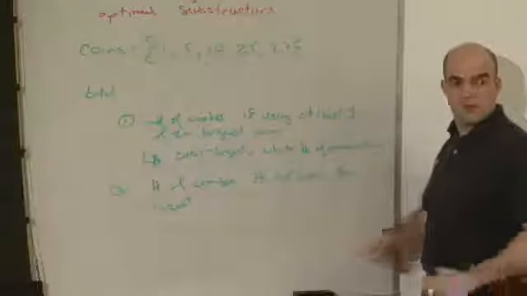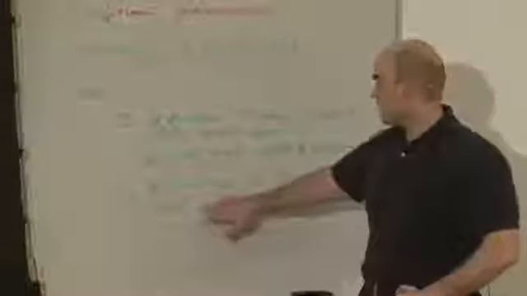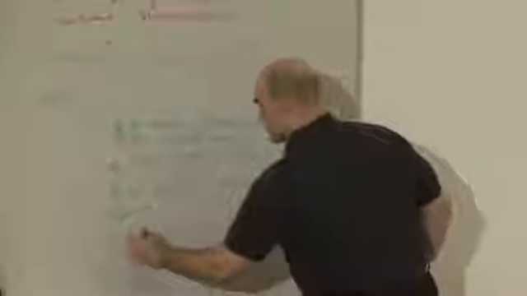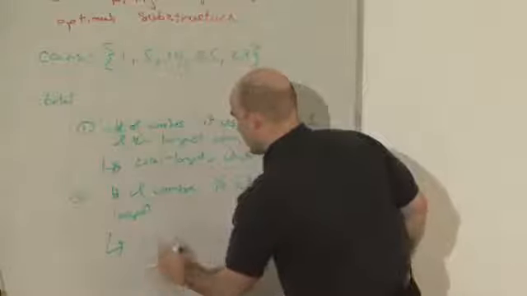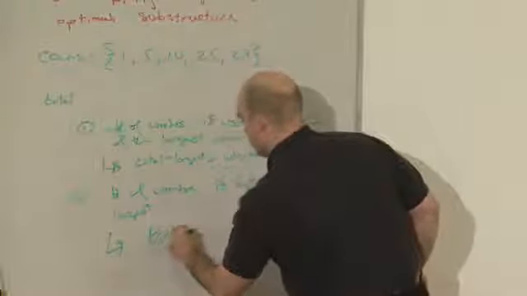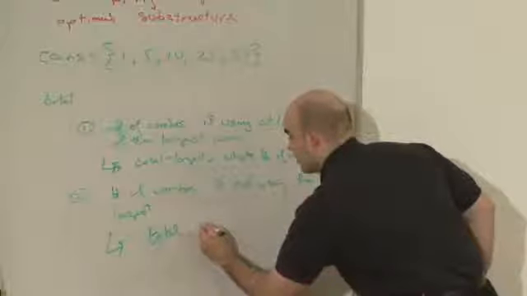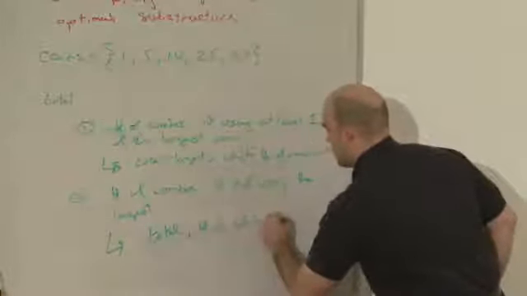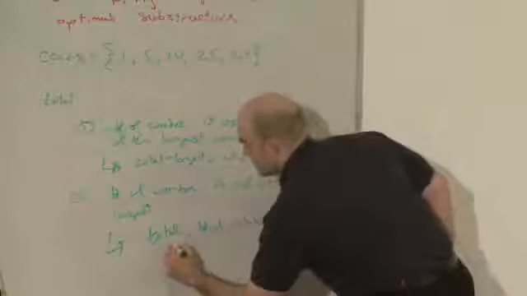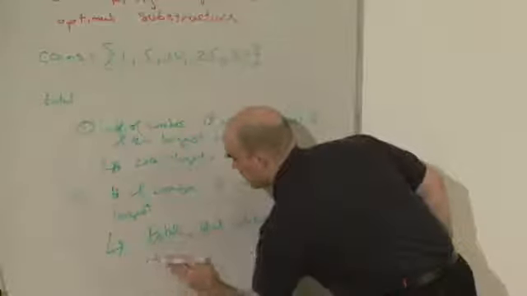Follow? All right. And then this can be formulated as the total number of combinations, but then I take out the largest coin.